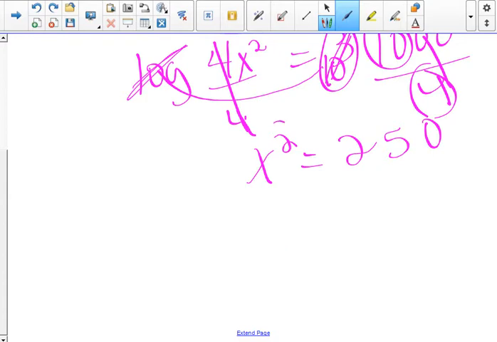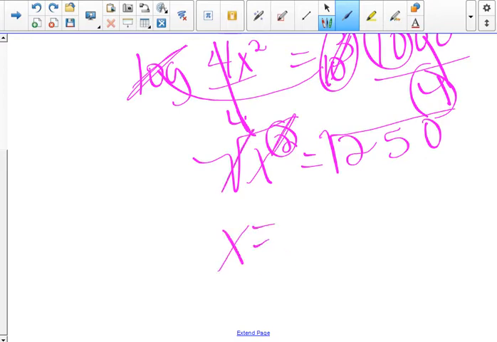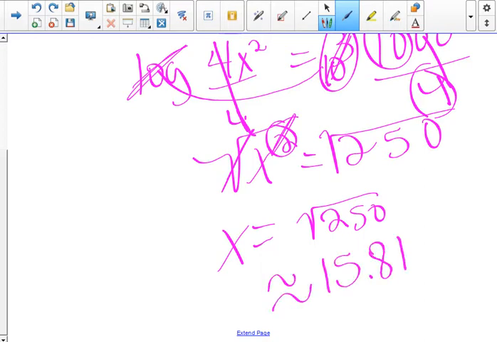Now, to clear my square, I've got to take the square root of each side. So I get that x equals the square root of 250, which is equal to 15.81.